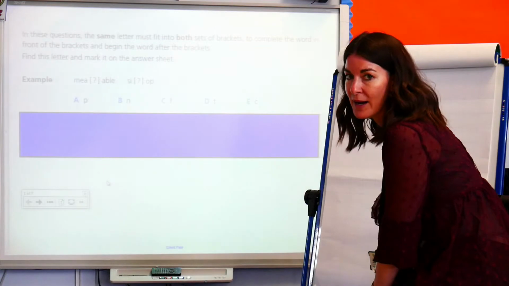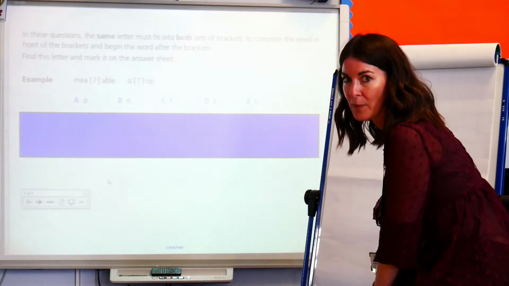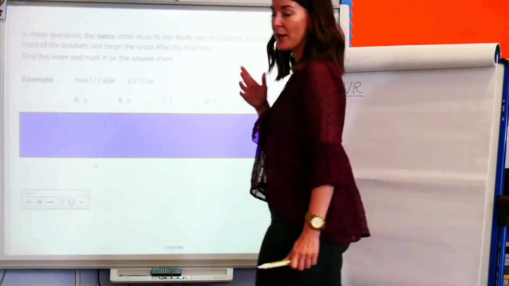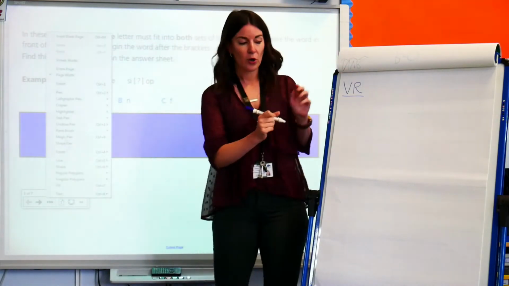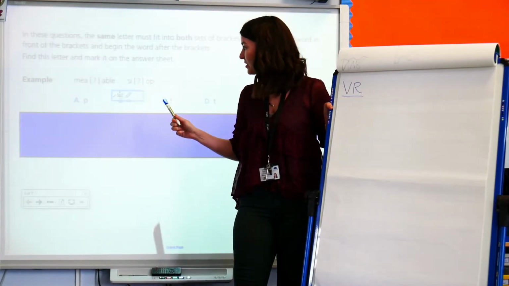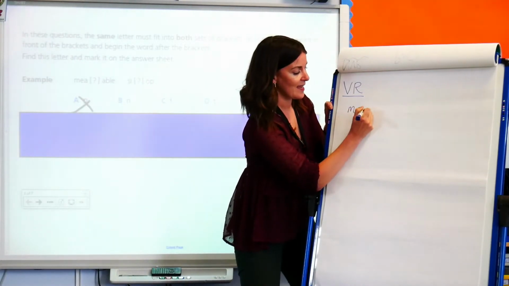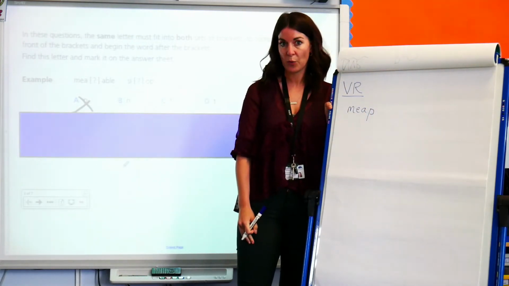So remember, my handy hint for these ones is to think actually what makes sense in terms of what you know about letters. If we have a little look, straight away I know that I can rule out P, and I'll tell you why. Because if I look at the first letters I've got here, M, E, A, if I added P there, meep isn't a word.